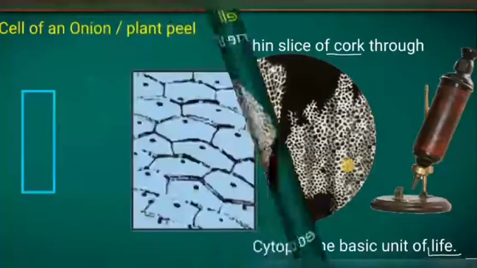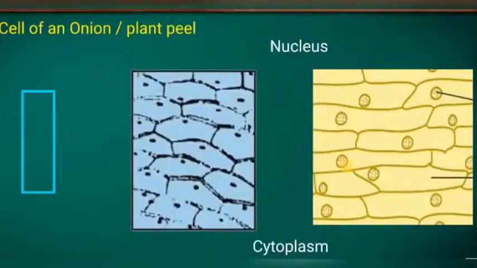Now, we will see the cell of an onion peel. This activity is given in chapter number 5, that is activity 5.1.